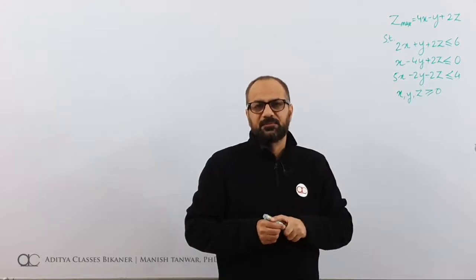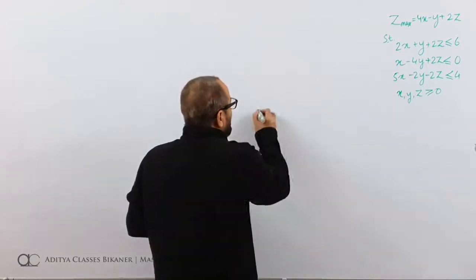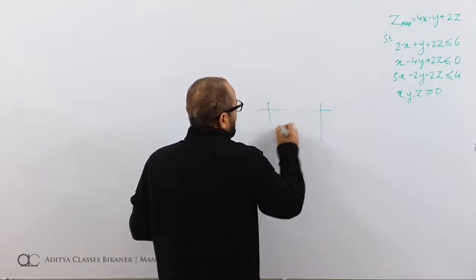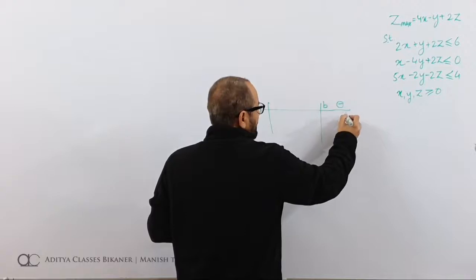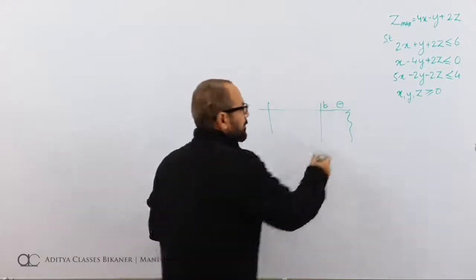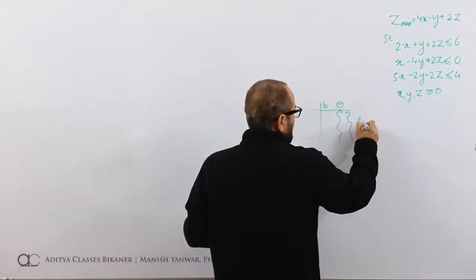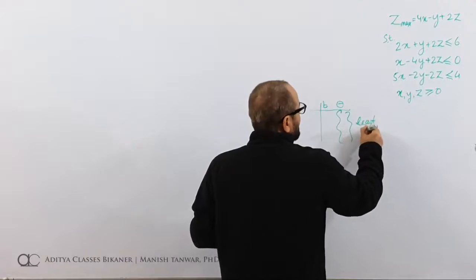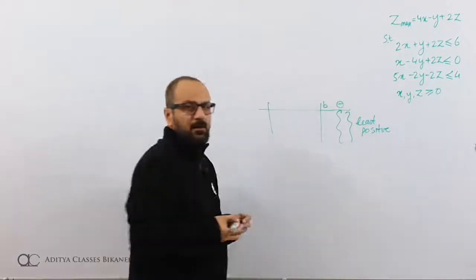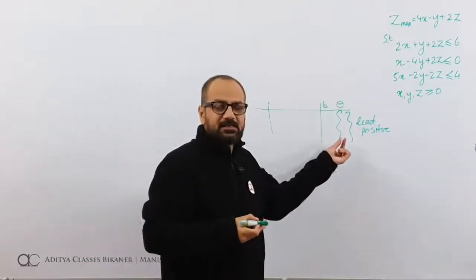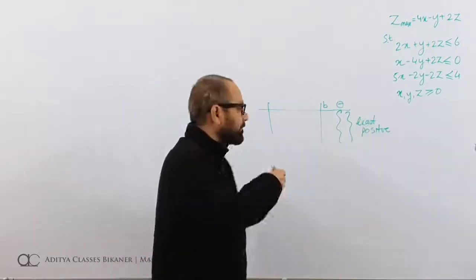Now what happens is, we have b, we have theta. So we decide upon theta. The least positive of the theta is selected as outgoing variable.